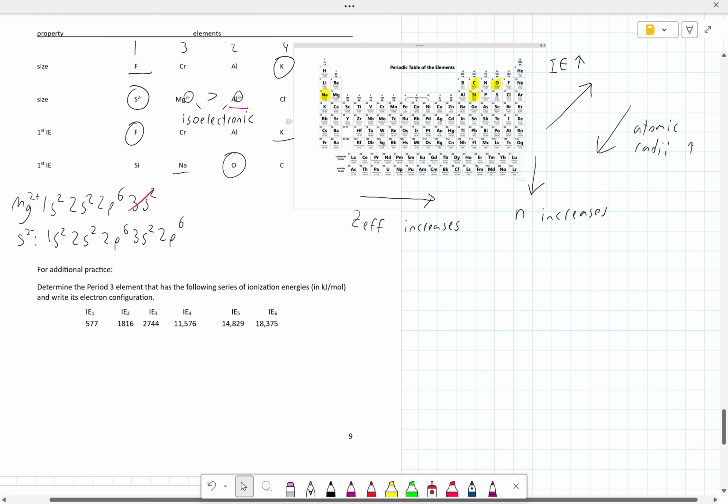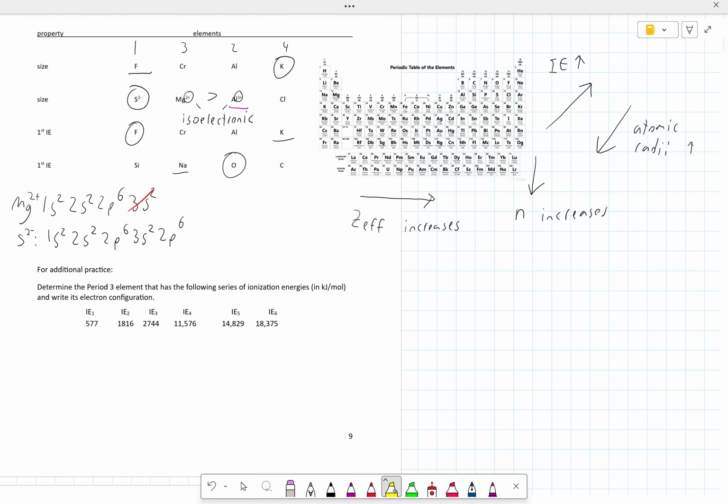Now down here in the additional practice question, we have a period 3 element. So we're thinking about something in this row here. And we notice that its ionization energy goes up, maybe like it triples here. It goes up here again, and then between 3 and 4, it goes way up, right? 600 to 1,800, 1,800 to 2,700, then 2,700 to 11,000.